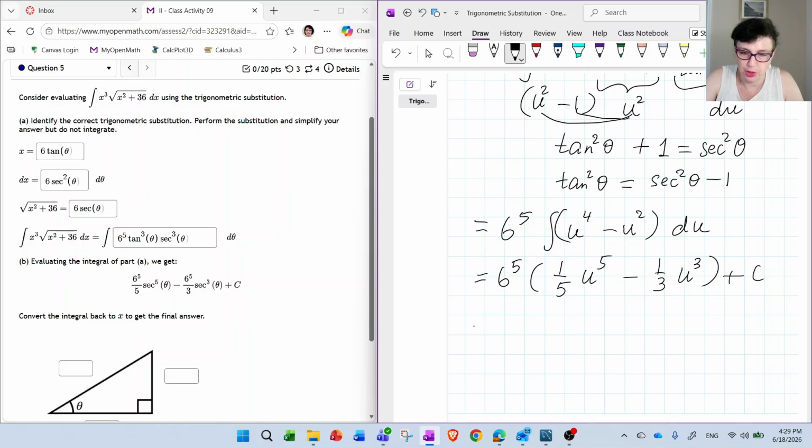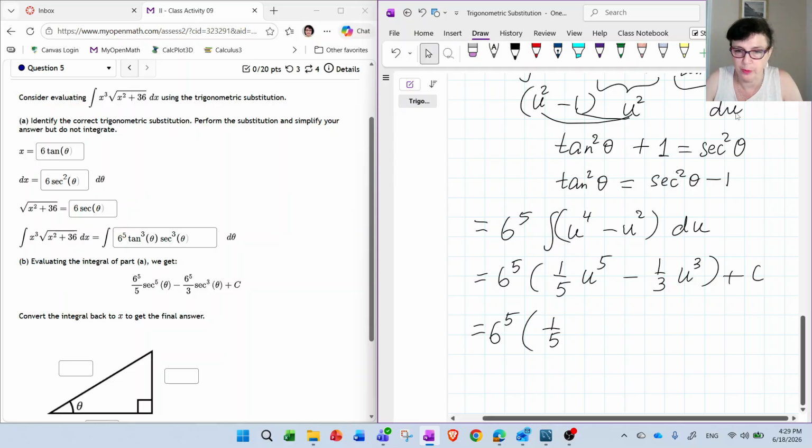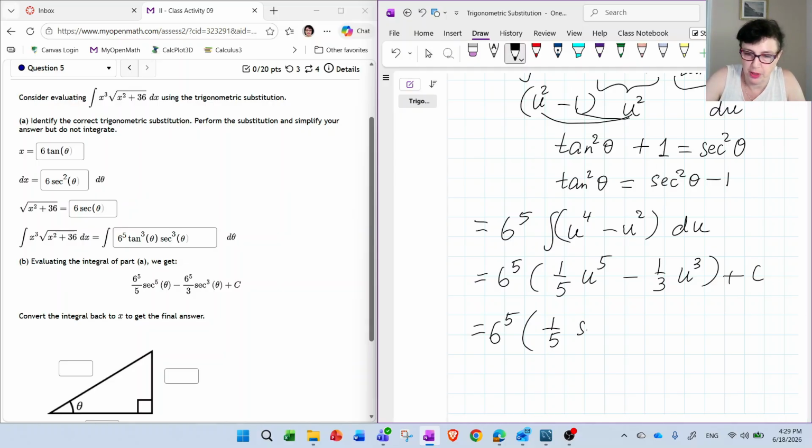And the last step here is to actually substitute the u, which was secant. So this becomes secant to the 5, and then this guy becomes secant cubed. Okay, so hopefully you see that what I just did actually matches what is in here.